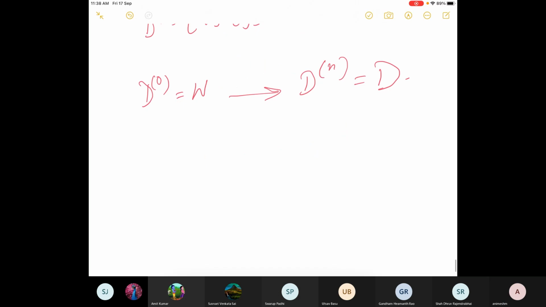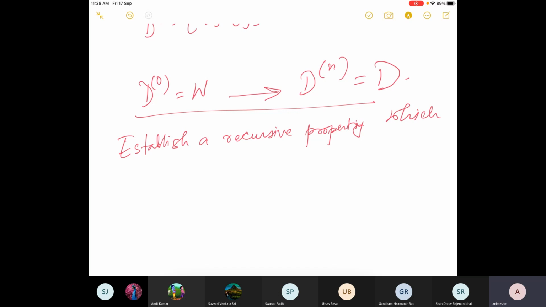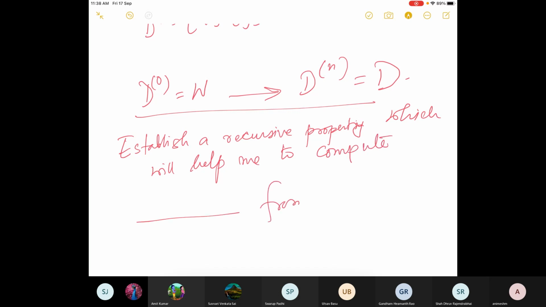Now, my task is, given these two, to establish a recursive property which will help me to compute what from what?